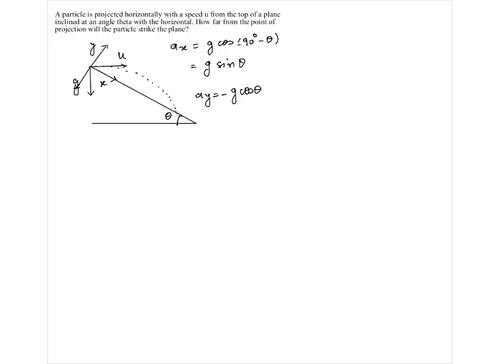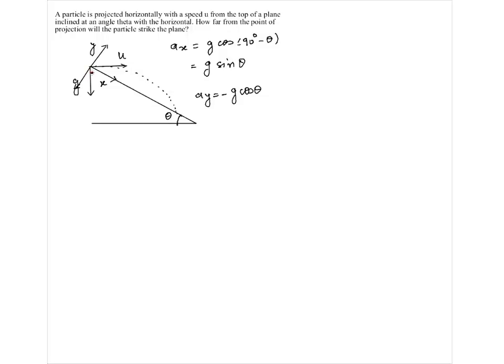Now we can write the equations, two of them at least, one for x direction, one for y direction. For x direction, now it is not constant velocity case. Acceleration is there along x direction.